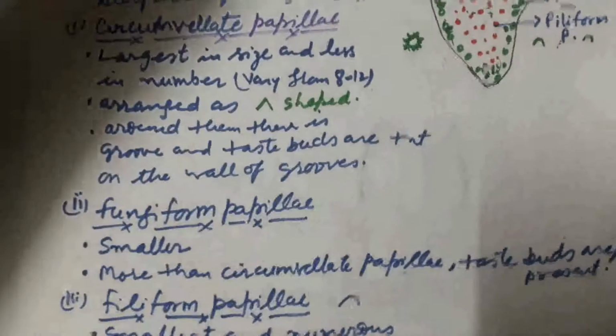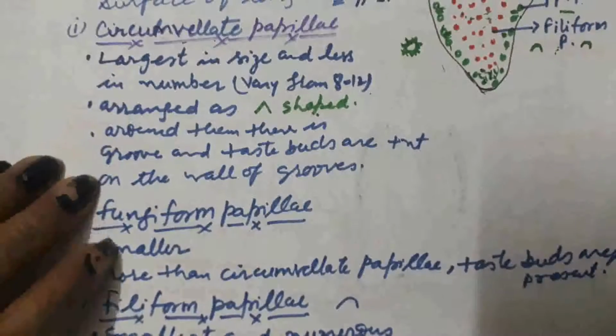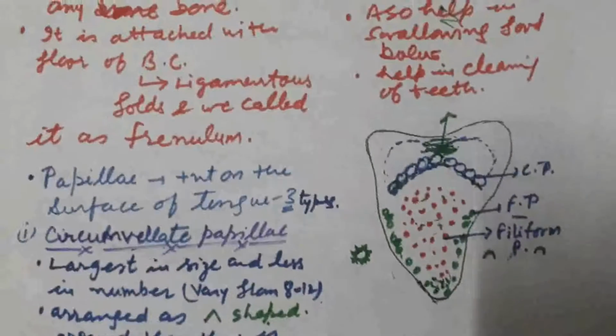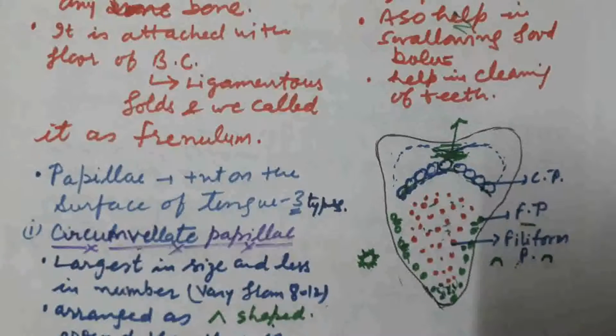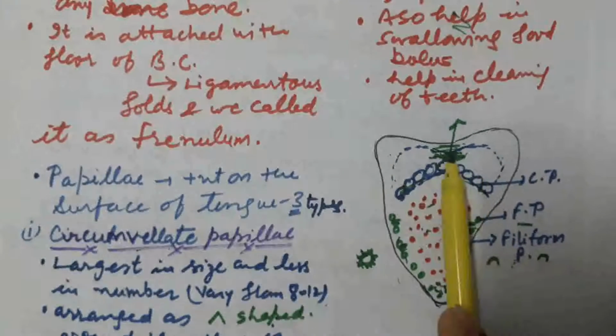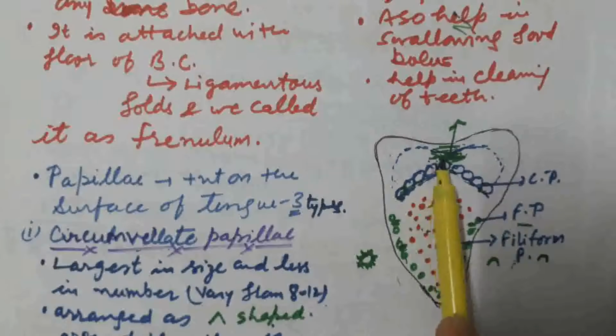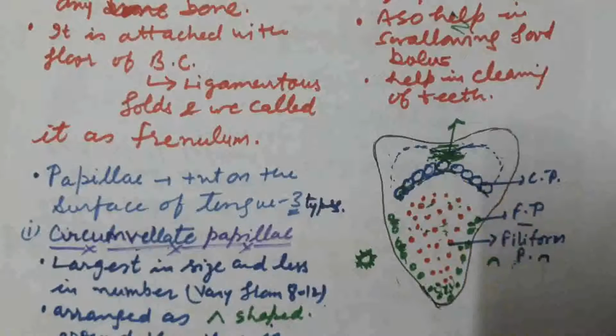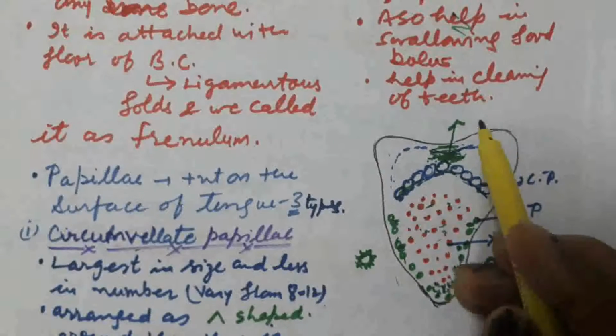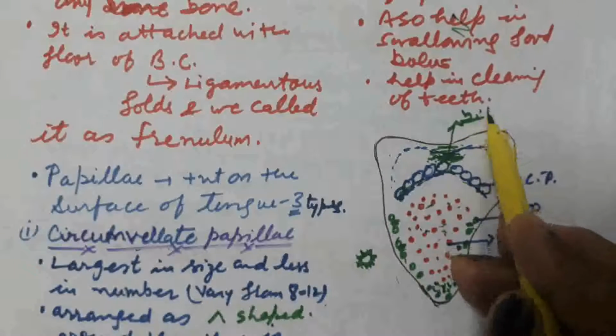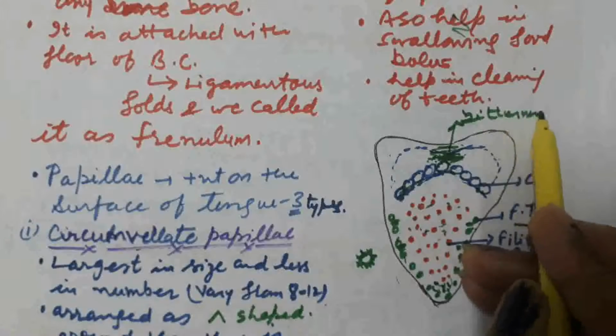The posterior part of the tongue helps in tasting bitter substances. It is responsible for tasting the bitterness of the substances.